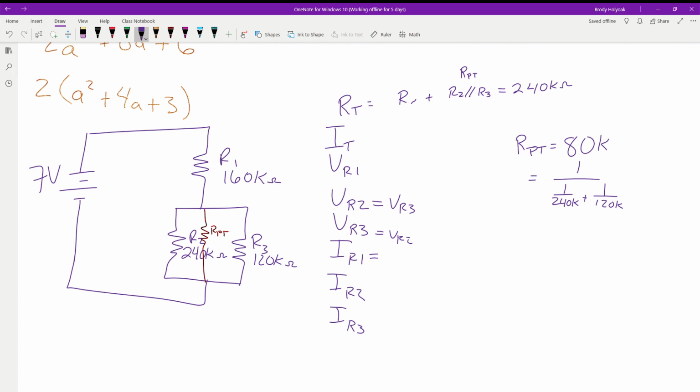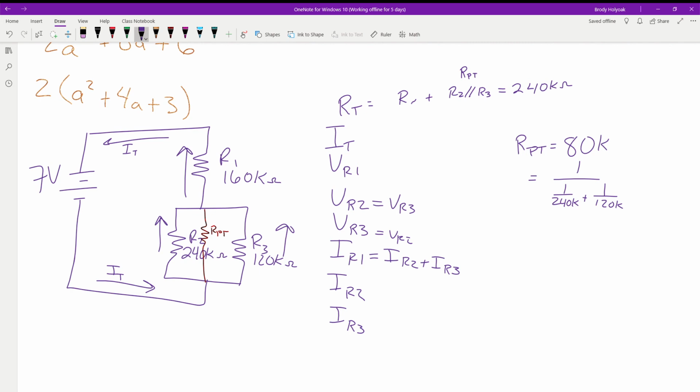It's split up, so we have current coming through here. So we have total current. There you go, that's what I was looking for. So IR1 is equal to the current through R2 plus the current through R3. I knew you were getting there.